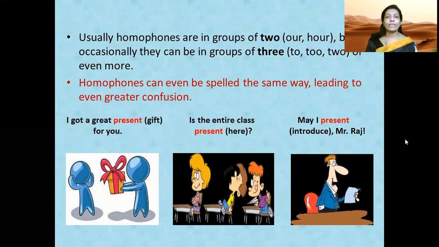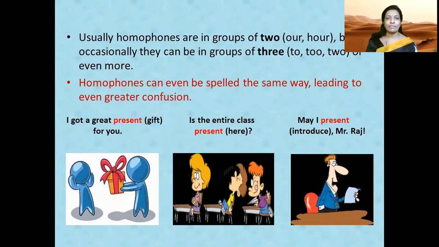Homophones can even be spelled in the same way. That is, they can have exactly the same spelling, and that is why it leads to greater confusion. Here are three images which you can see on your screen. In the first image, it is accompanied with a sentence, I got a great present for you.